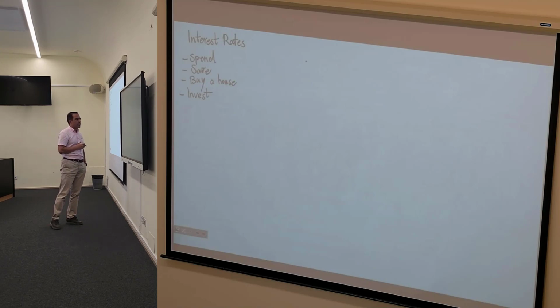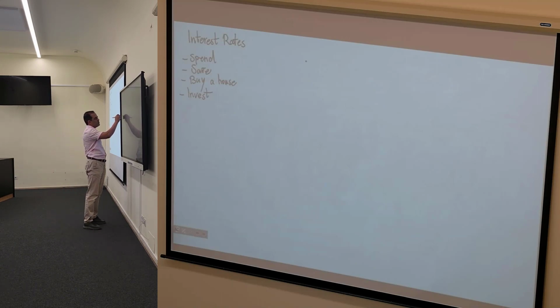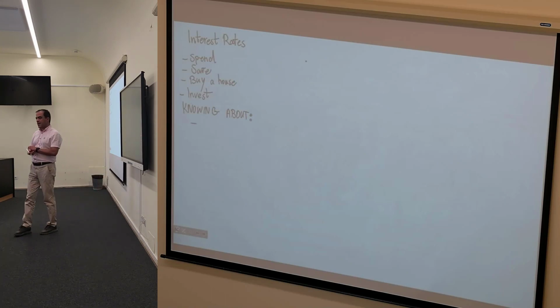To know interest rates, we have to monitor what? We must know about several concepts in finance that are important to be reviewed.